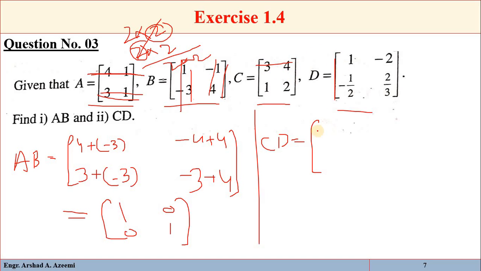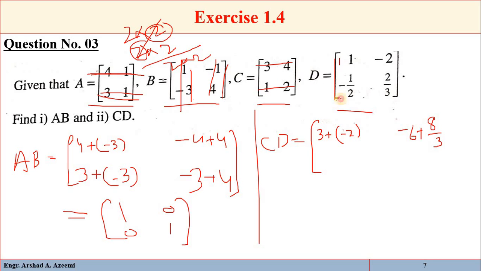3 multiplied by 1, that is 3, plus 4 multiplied by minus 1 over 2, so that will be minus 2. 3 multiplied by minus 2, so that is minus 6, plus 4 multiplied by 2 by 3, so it will be 8 by 3.